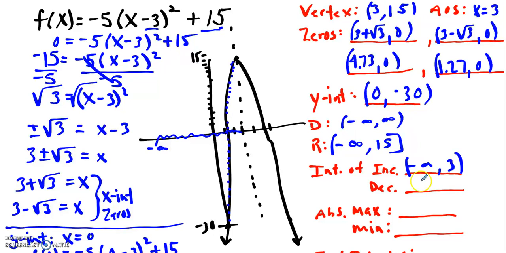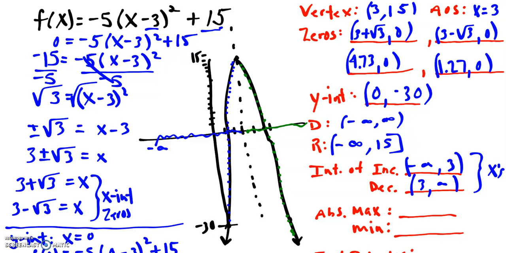And my interval of decrease is going to be 3 to infinity. Remember that these are x values. They are not coordinate points. They are parts of the domain where the value of y is either increasing or decreasing. And the value of y is decreasing over this entire chunk of x's from 3 to infinity.